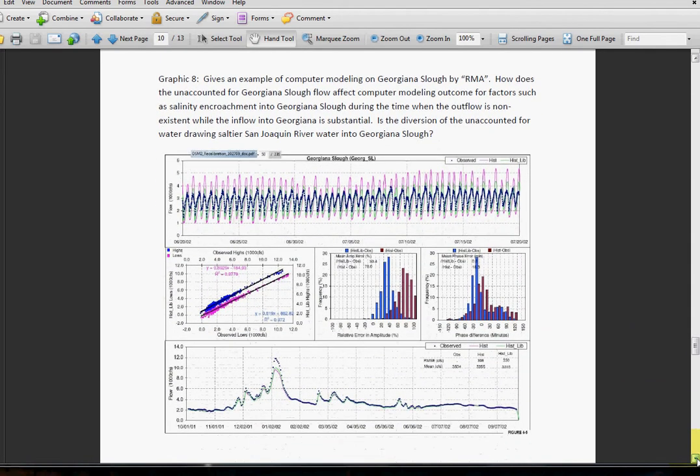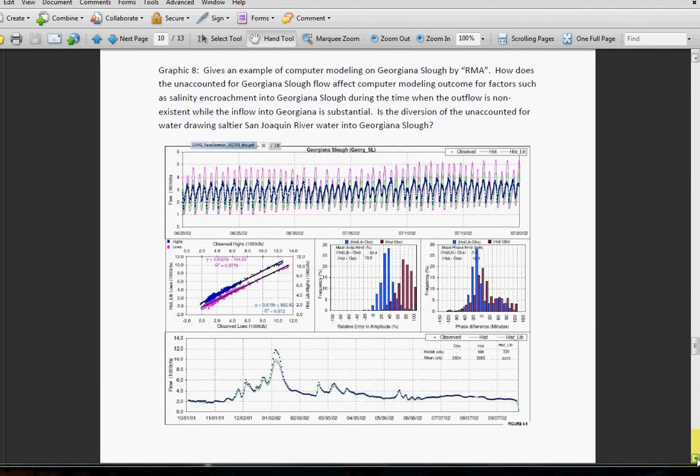So, given all of this, their company RMA, this is a computer model, and they also modeled for Georgiana Slough, and I wonder if it accounts for those data gaps on Georgiana Slough, that water that goes off somewhere.